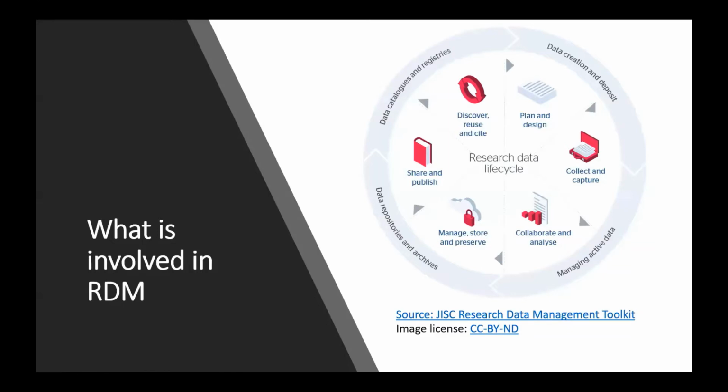Okay, so research data management is usually presented as a life cycle. So you can find different versions of this image online, but they all have the same basic idea and the same basic components. So of course, this is the ideal version, and things don't always follow this path exactly.